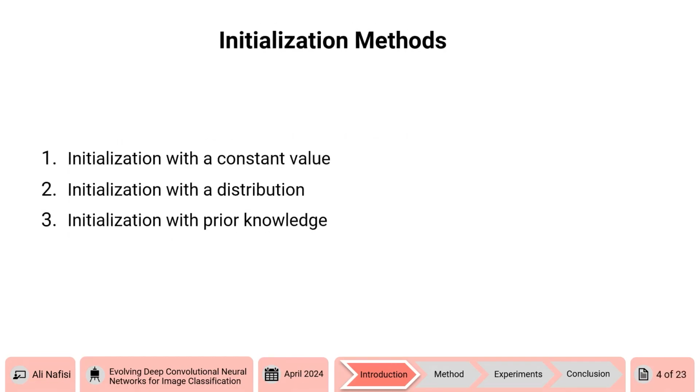Okay, we can categorize the initialization methods into three categories. The first one is just using a constant value. It's very simple, and of course it's not optimal. The second category is to initialize the weights with a distribution, maybe a single distribution or a distribution per each layer. But the problem here is to find the optimal parameters.